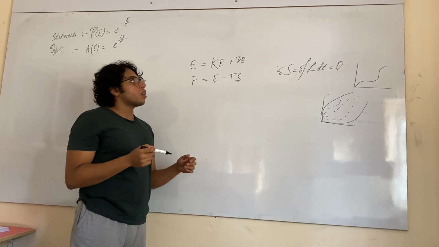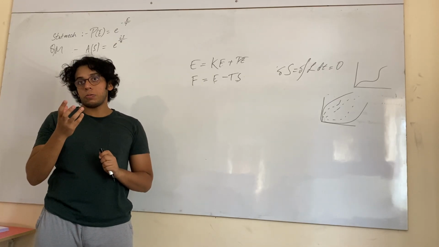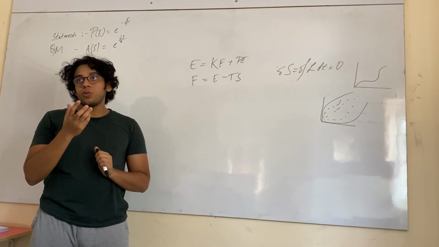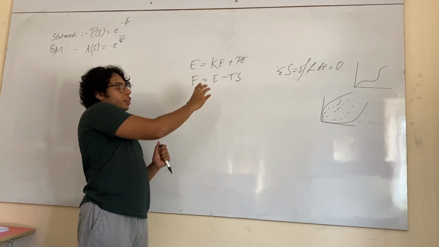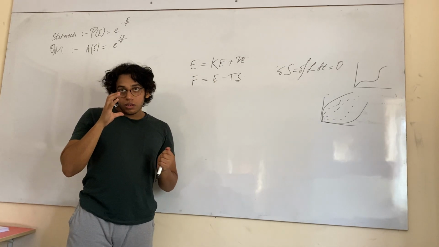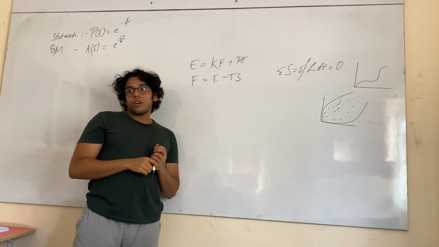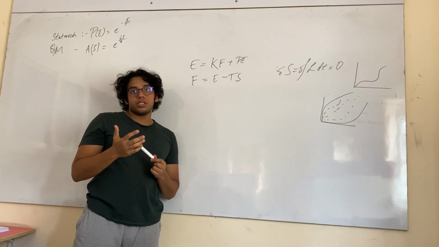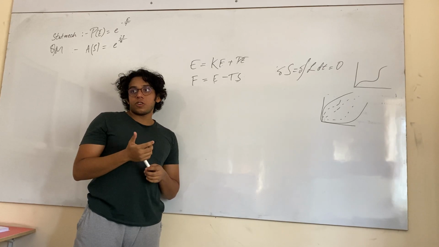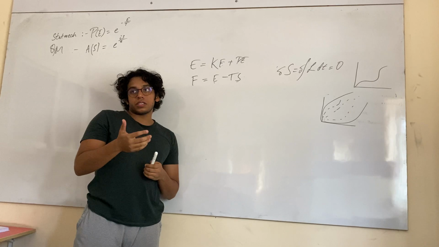Now how do we try to minimize it, or what do we try to do with this relation? The key here is you know that your entropy is always maximized. For any process to occur, your entropy has to be maximized.